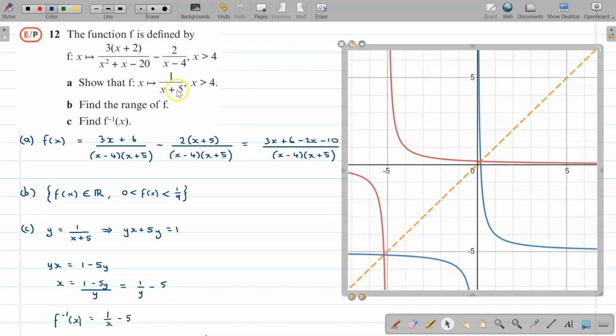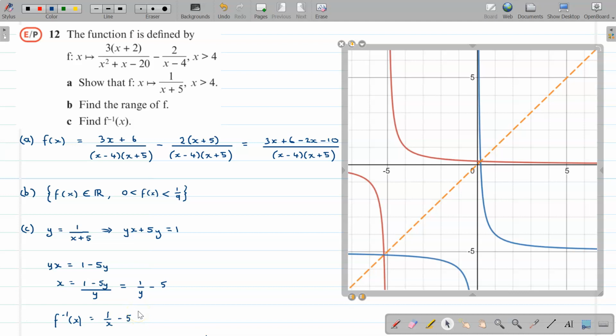If 5 is with the x, it's a plus 5, which causes it to go 5 to the left. So the asymptote that would normally be the y-axis is now the line x equals minus 5. And of course you should know the reflection of a function in the line y equals x gives you the inverse. So the blue is the inverse function, which we've got here.